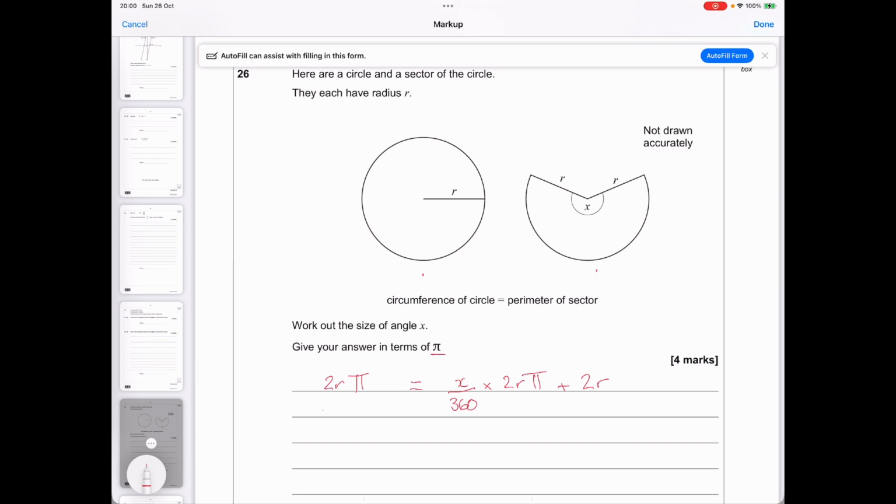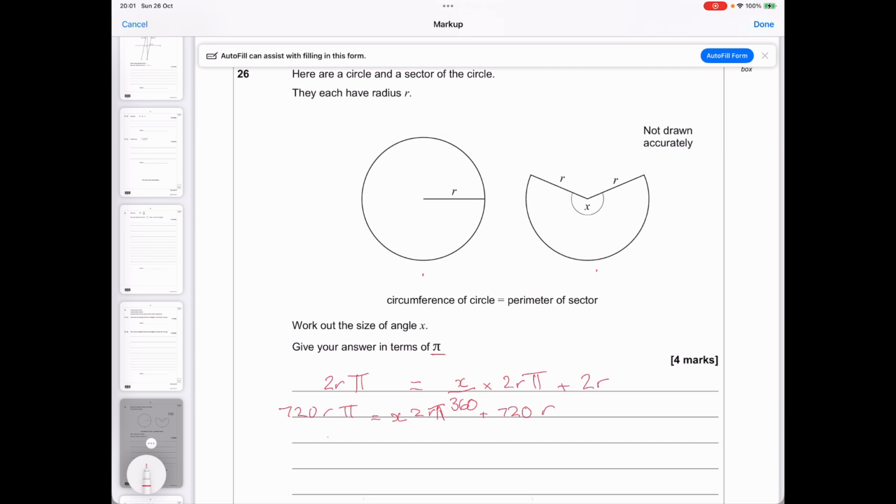So what we do is we're going to times everything by 360. So we get 720 r pi equals x times 2r pi, because that's already being timesed by that, plus 720r.